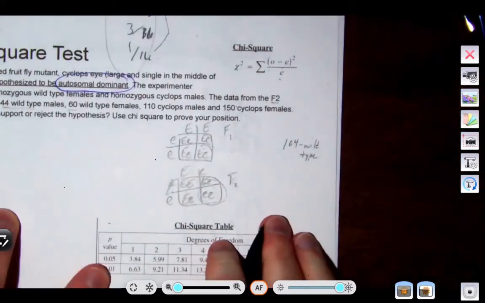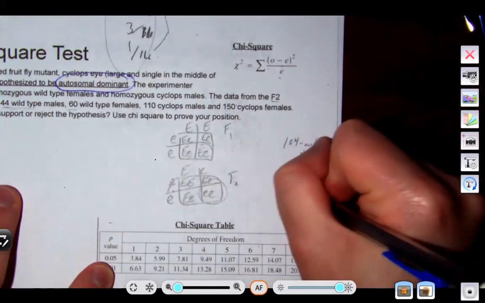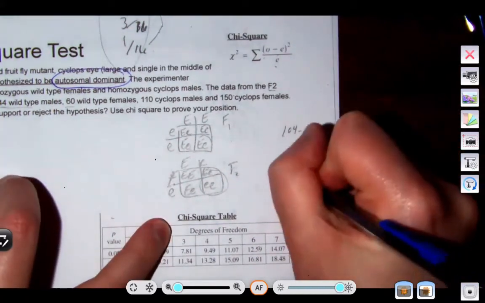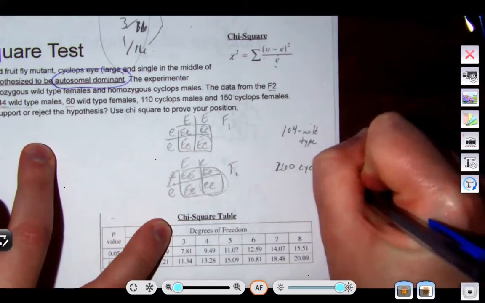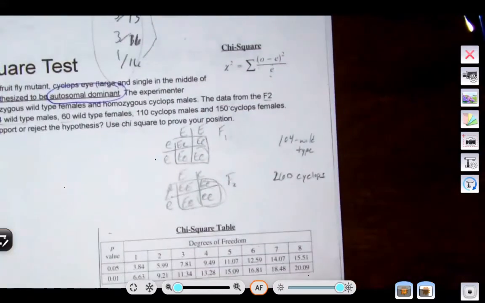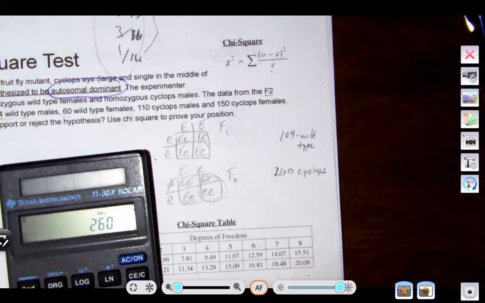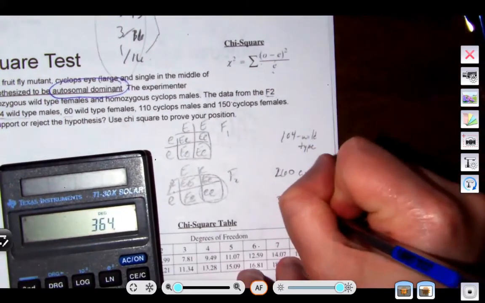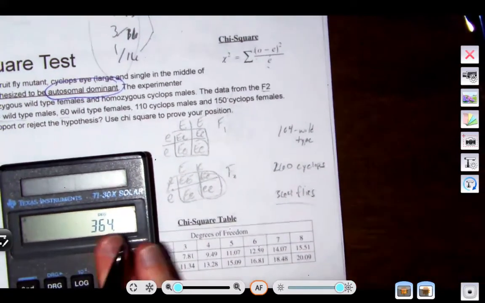Sorry if you can't read that. 104 wild type. And then 110 and 150 is 260 Cyclops. Our total number of flies, by the way, is 104 plus 260, 364 flies. We're going to need to know that because we need to do some percentages.